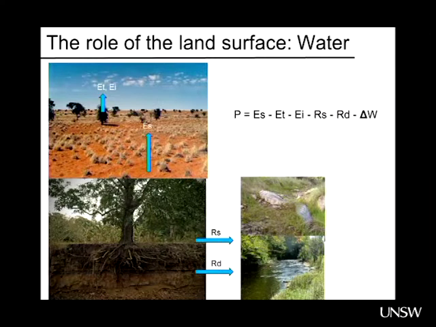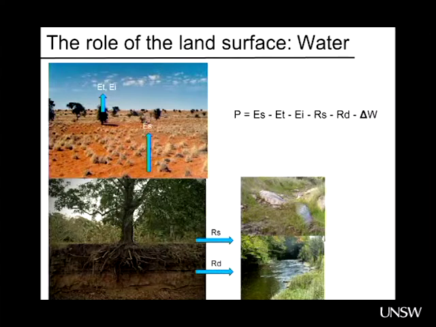Go back to the picture of a tree with its roots. Water flowing across this surface. Here's a picture of water flowing across a surface. It's called surface runoff. Water that drains down into the soil column and then laterally flows is usually called drainage, and it ends up in rivers. This stuff ends up in rivers too.